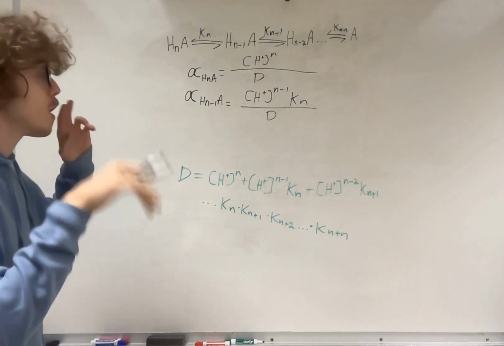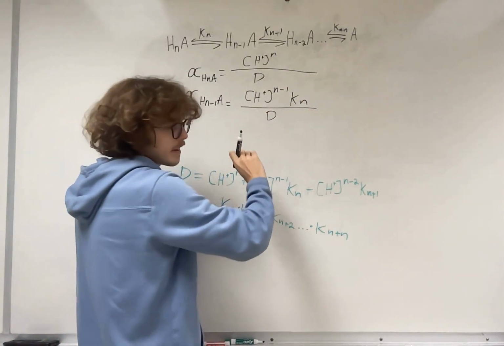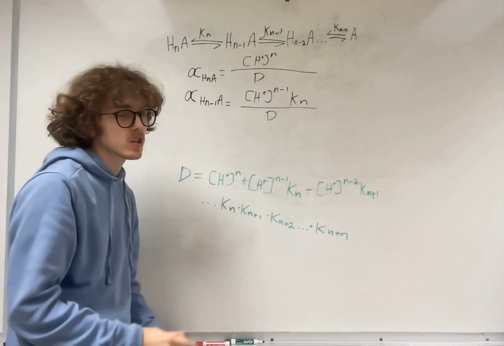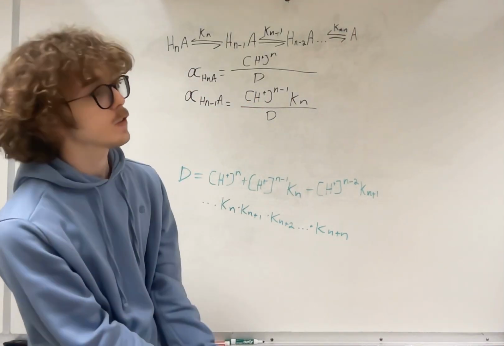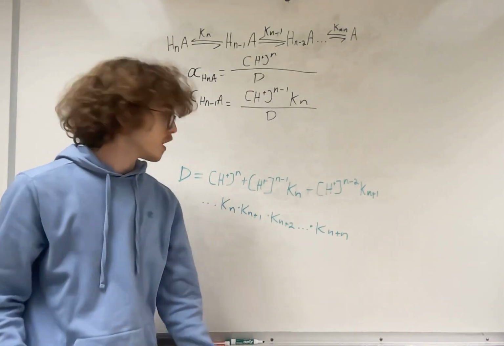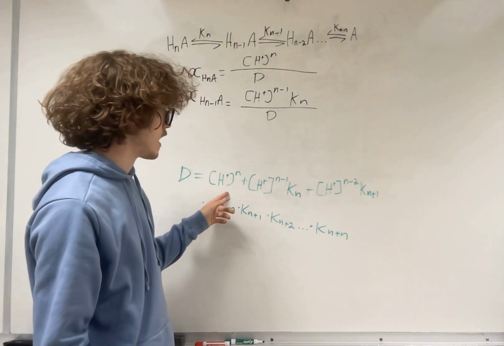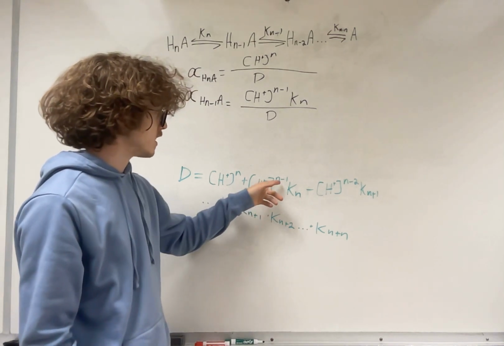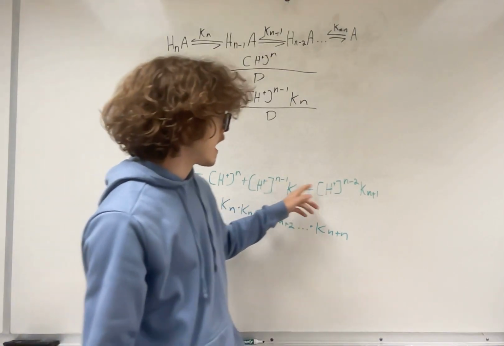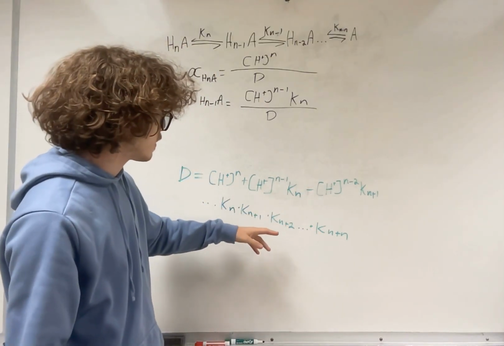And you're going to keep going following a pattern where we add on the next respective K and we subtract 1 from the power. So please listen, this is very important. For the trend in the numerator, D is really easy. You just take the H+ to the nth degree, and then add it to one degree less than the nth degree times the first Ka, and then add another degree lower, same Kn.